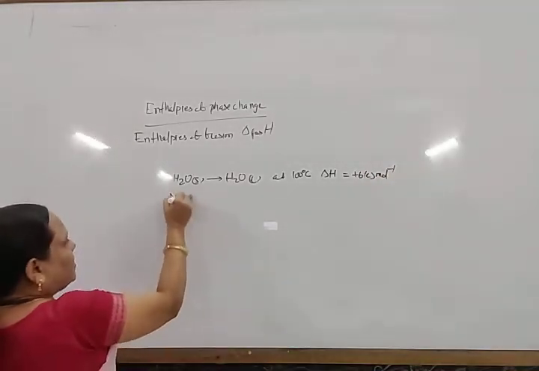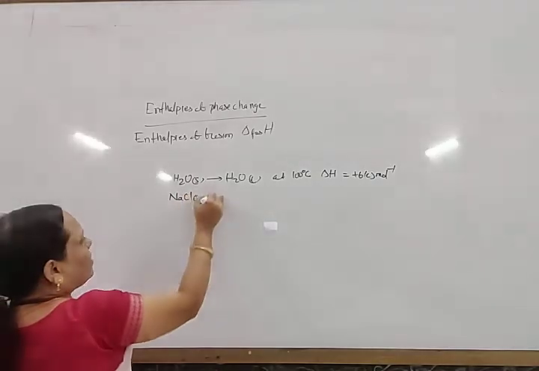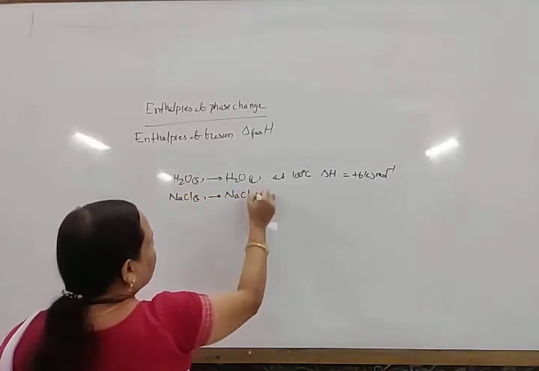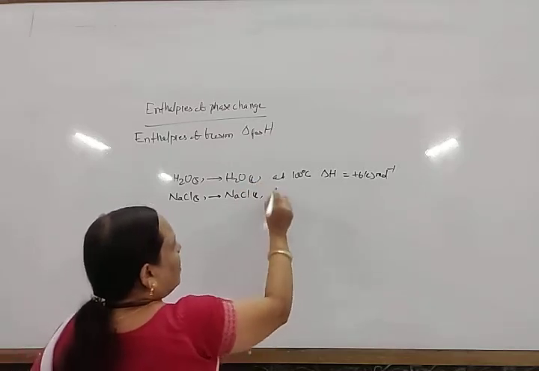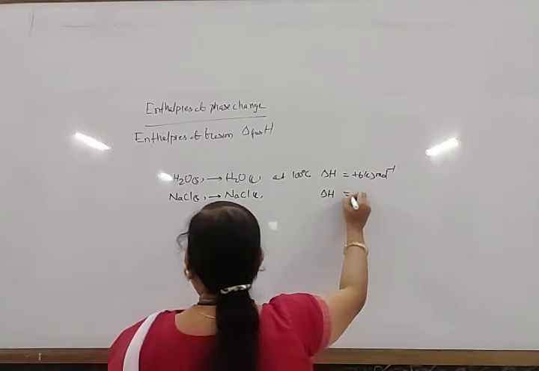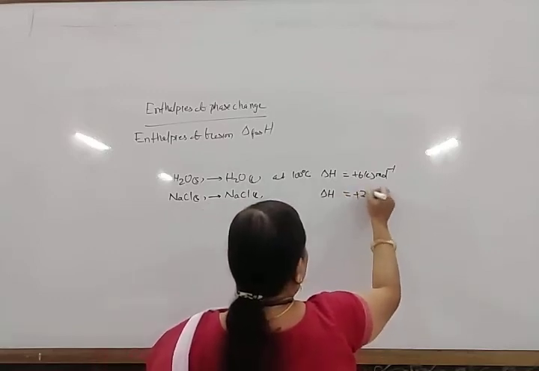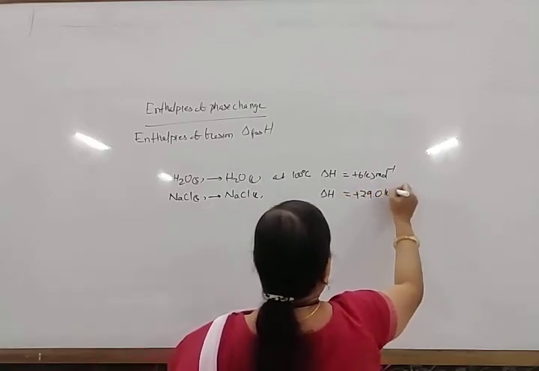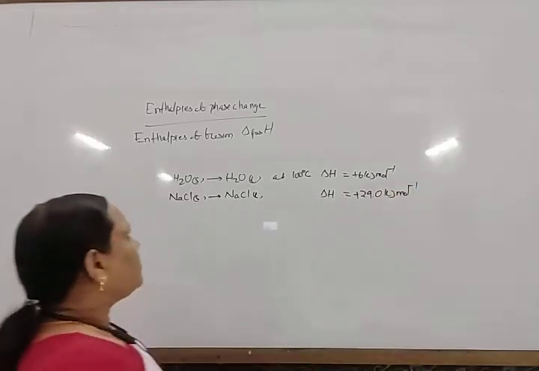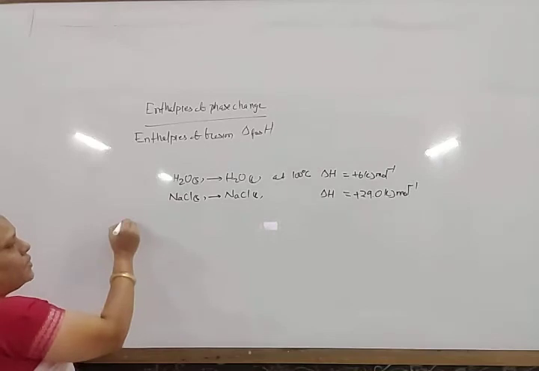Similarly, suppose you take 1 mole of sodium chloride solid to liquid form at its melting point, and here del H is equal to plus 29.0 kilojoule per mole. Okay, this is enthalpy of fusion.